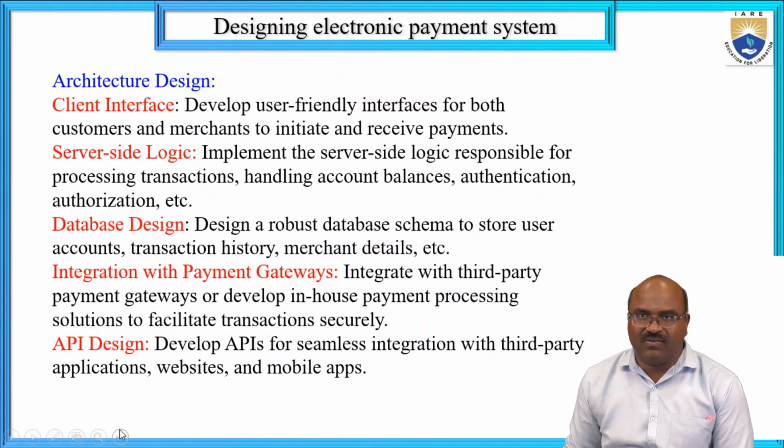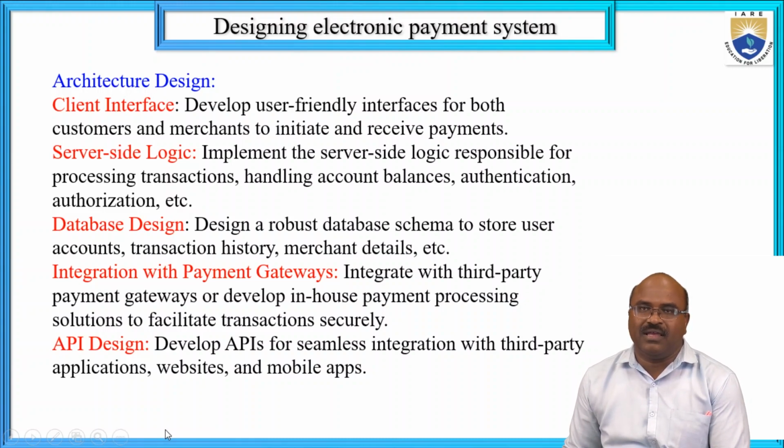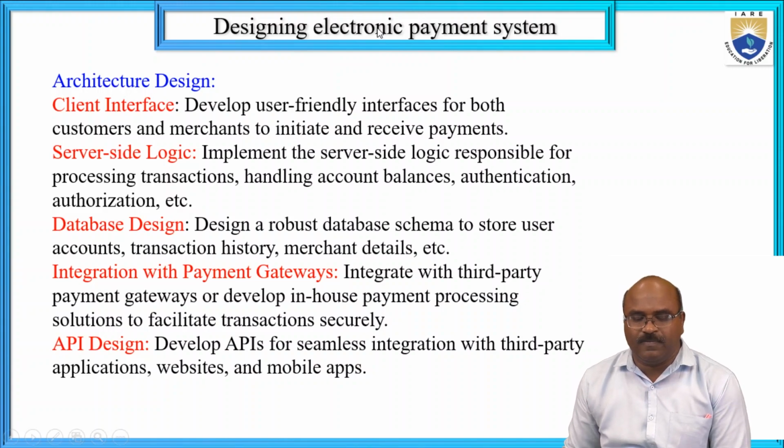The API displays all those things. Application program interfaces play the most powerful role in any online business and any operating system. So develop APIs for seamless integration with third-party applications like websites and mobile apps also.